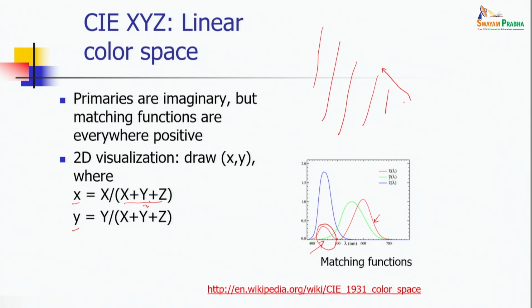If I know the sum X plus Y plus Z, and I represent the other two components simply by normalizing them, this is also sufficient to give me back the full color information of all the components. So my representation would be X plus Y plus Z, X and Y, where X and Y are normalized.